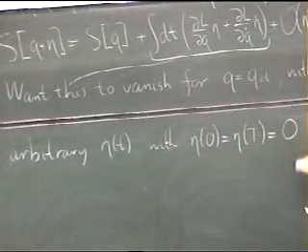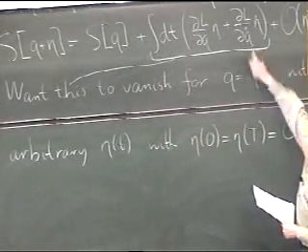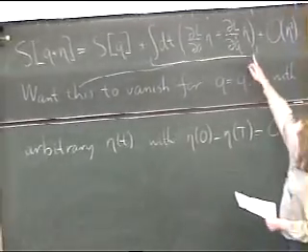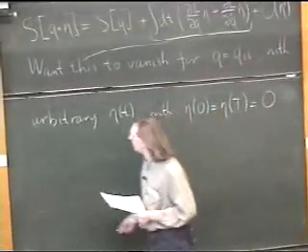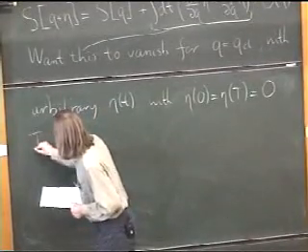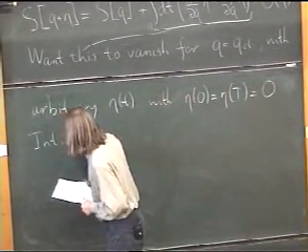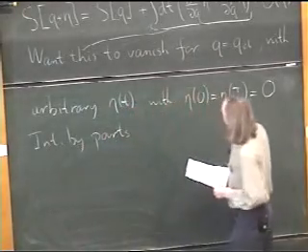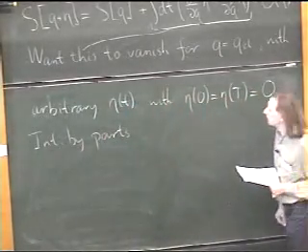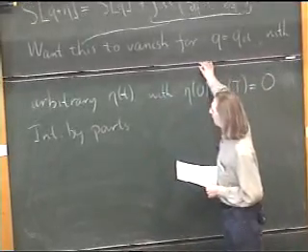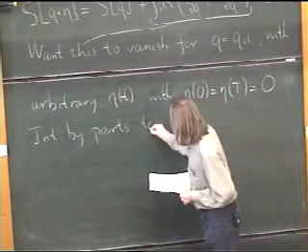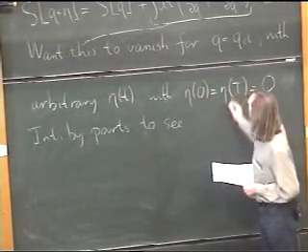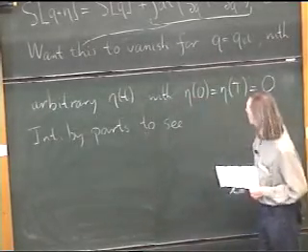Well, the way to do that, we can use integration by parts on this second term to take the derivative off the eta. So this thing here.